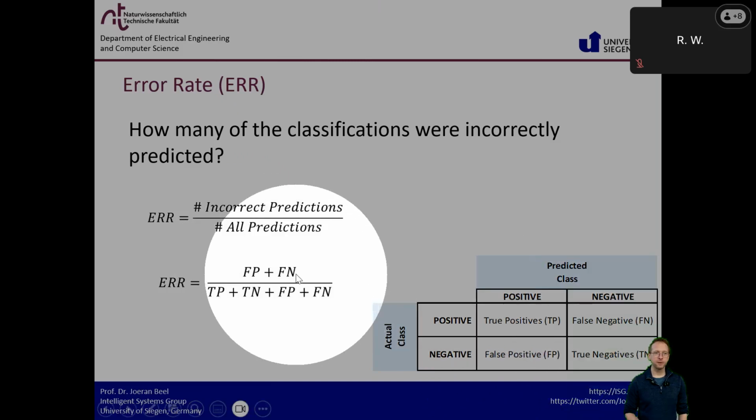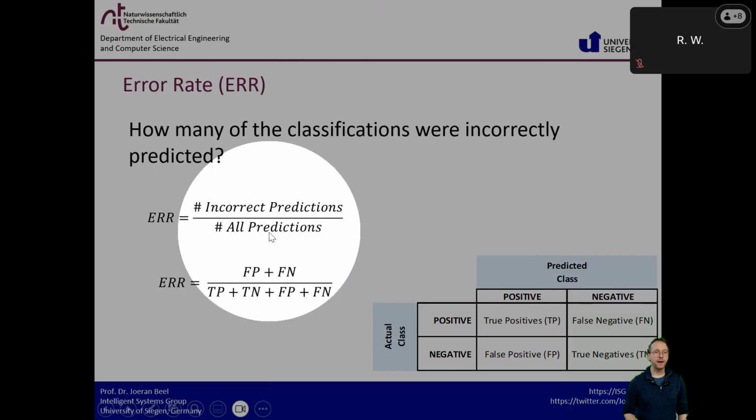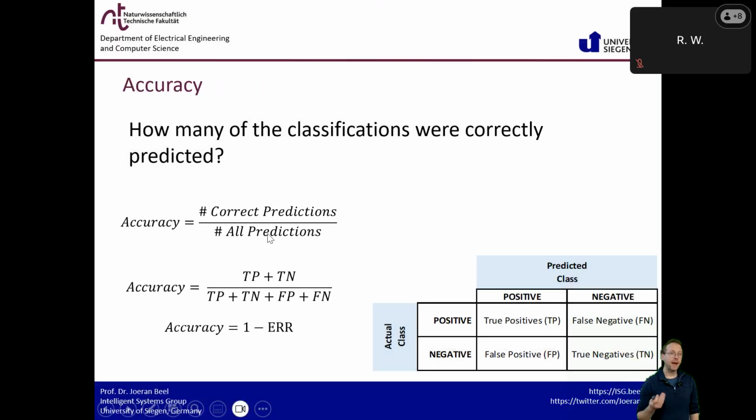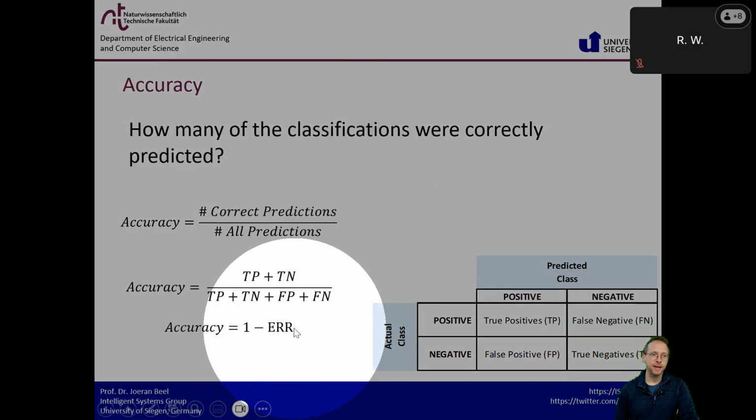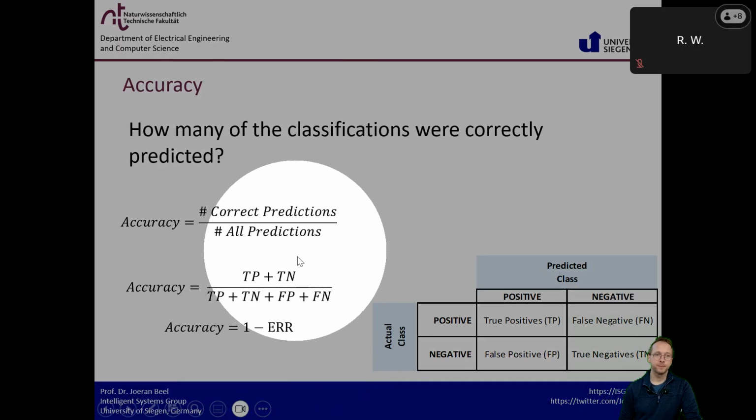False positives plus false negatives divided by all predictions. Then accuracy, which you know already, which by the way is also 1 minus the error rate. For the exam, you should remember all these formulas.